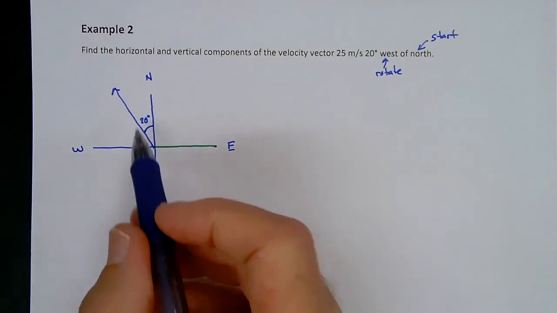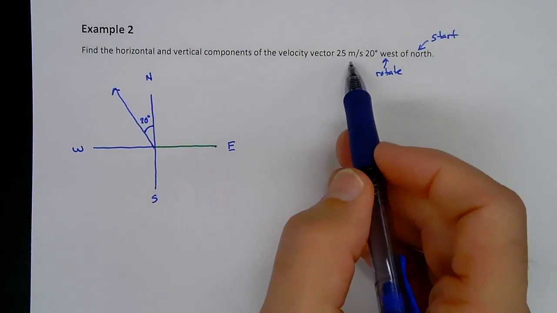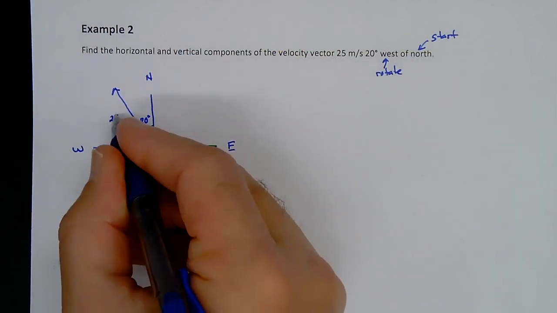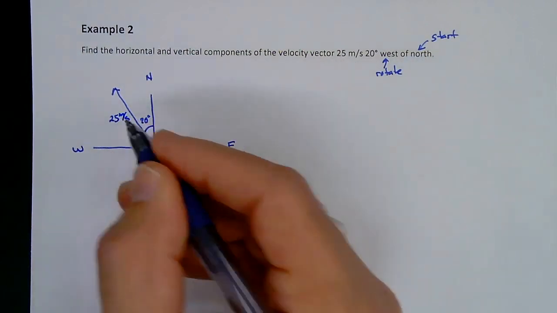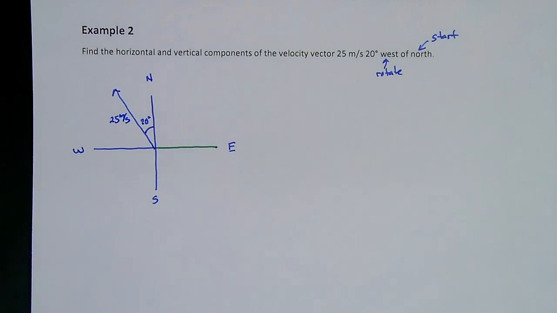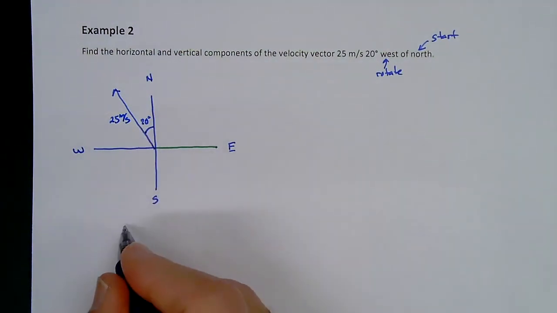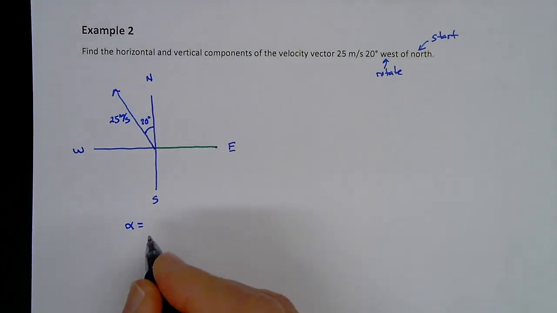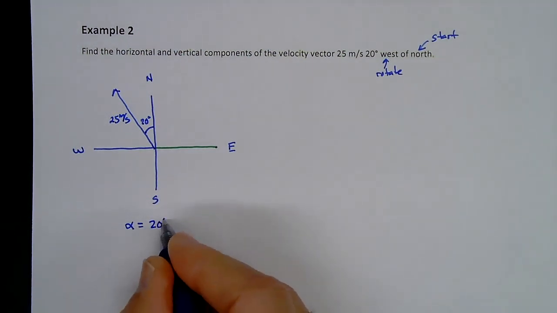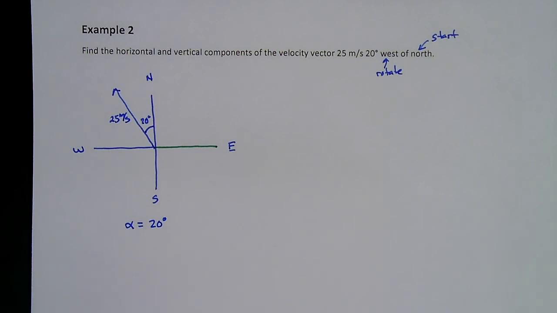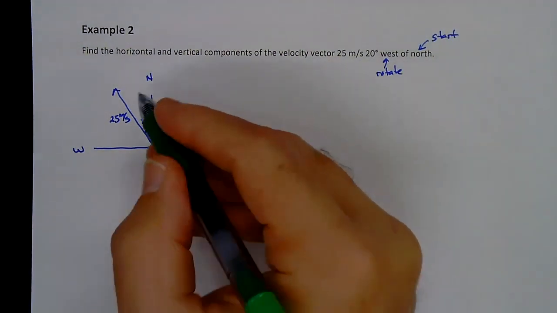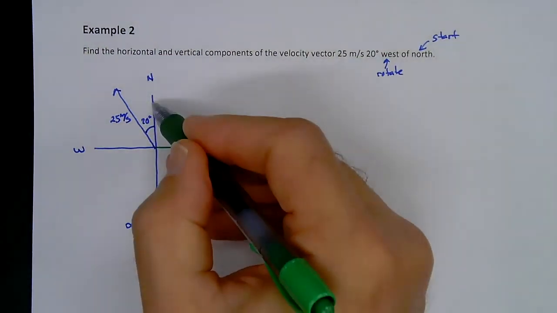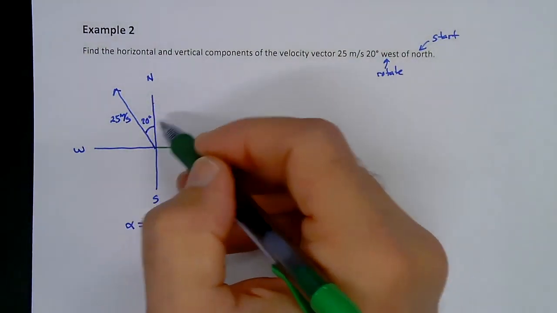I know the length of this is 25 meters per second. I'm going to call this 20-degree angle alpha. So alpha is 20 degrees. That is not theta, because theta must be measured from the positive x-axis. From here to here is 90 degrees, so we have to go 20 more degrees.